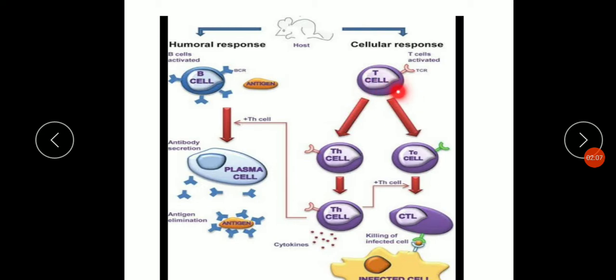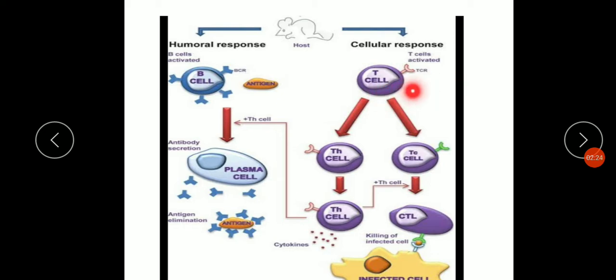So when a specific antigen is encountered in the tissue, these T lymphocytes are programmed to recognize the particular antigen, return to the specific T lymphocyte domains of the lymphoid tissue, where they transform into lymphoblasts.